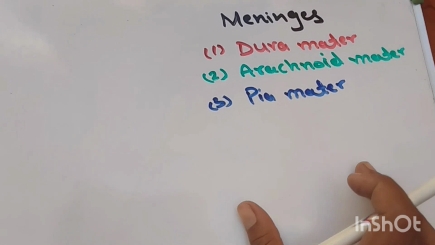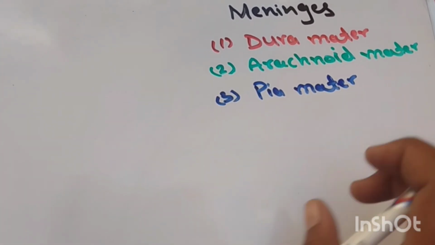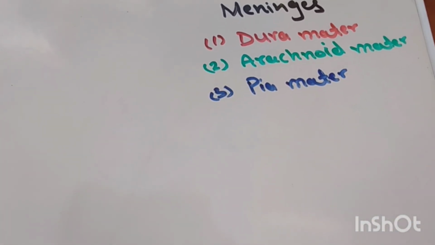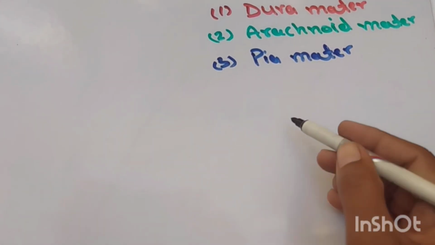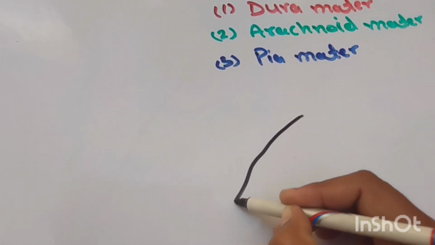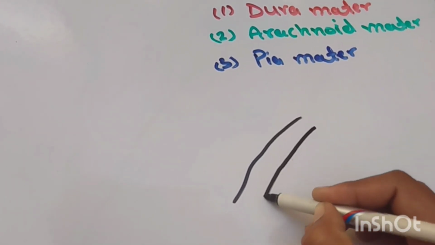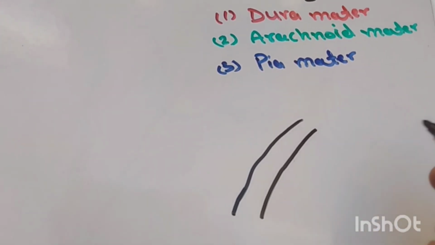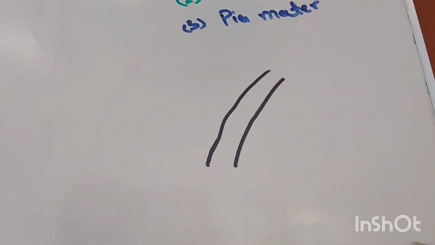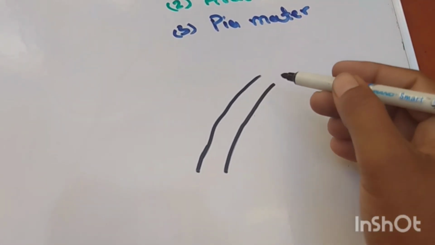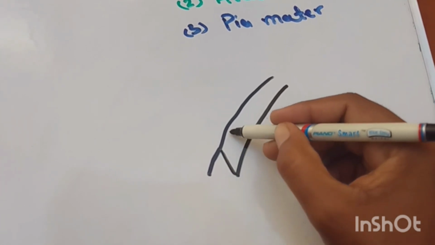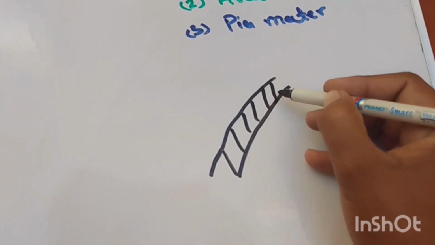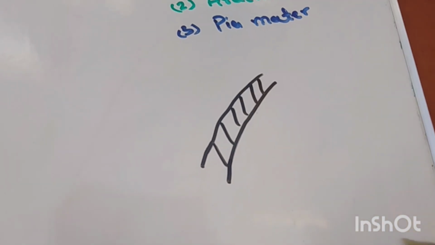So now we draw the structures of the layers one by one. So this is our skull that surrounds all of our brain. The skull consists of skull bones. The skull bones are very strong.